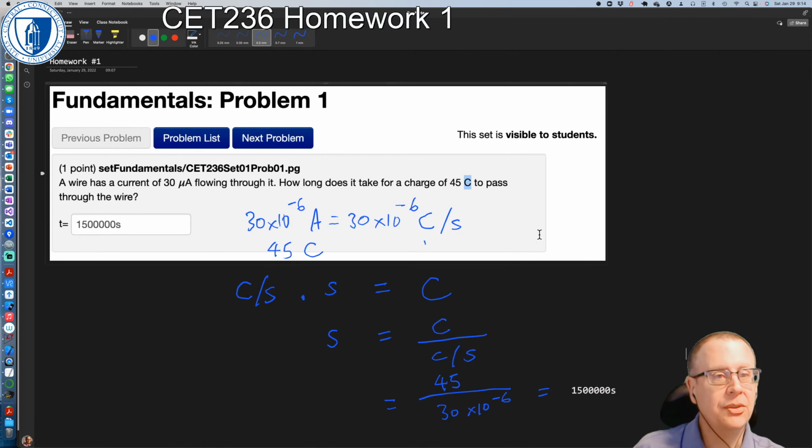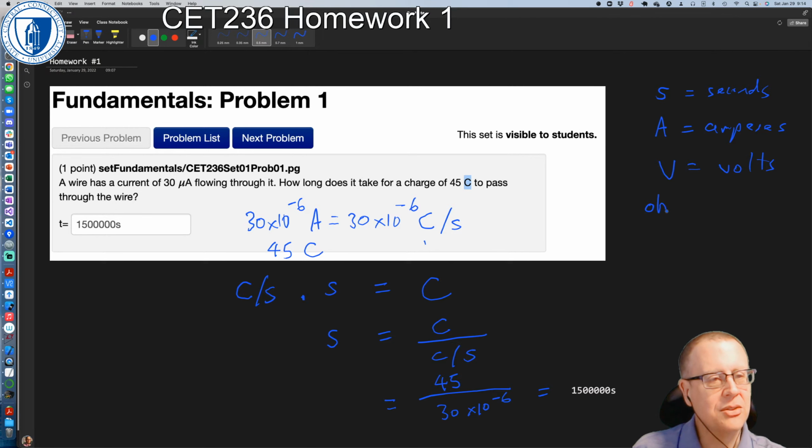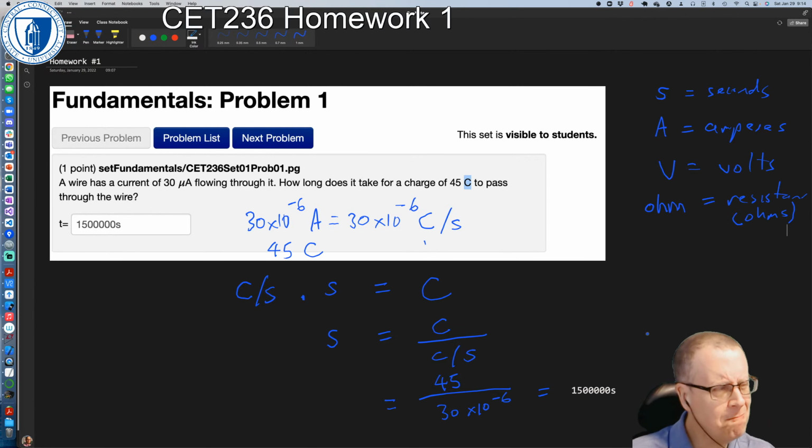The sorts of units that WebWork is going to require: S for seconds, capital A for amperes, capital V for volts, and it doesn't expect you to be able to type a capital omega, so for resistance, ohms, it's expecting OHM.